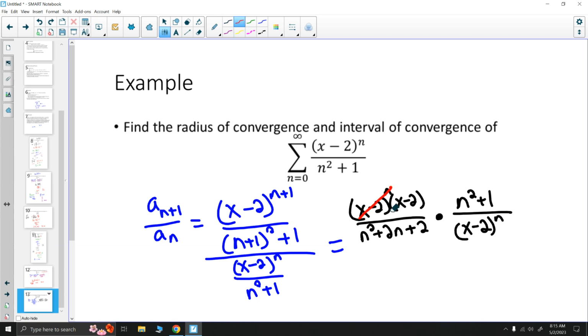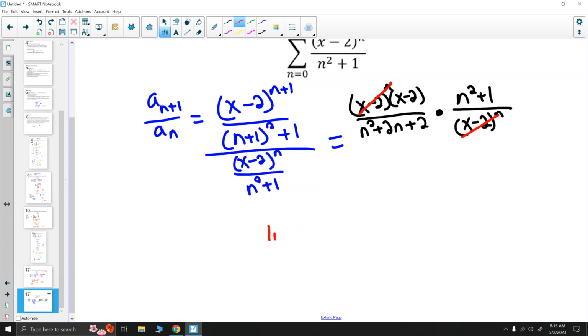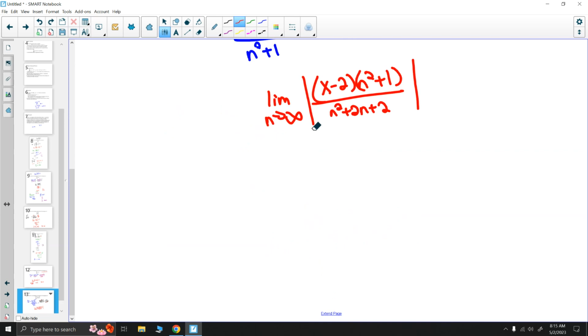Okay, x minus 2 to the n's cancel, and we get the limit as n approaches infinity of x minus 2 times n squared plus 1 over n squared plus 2n plus 2. All right, and this is absolute value.